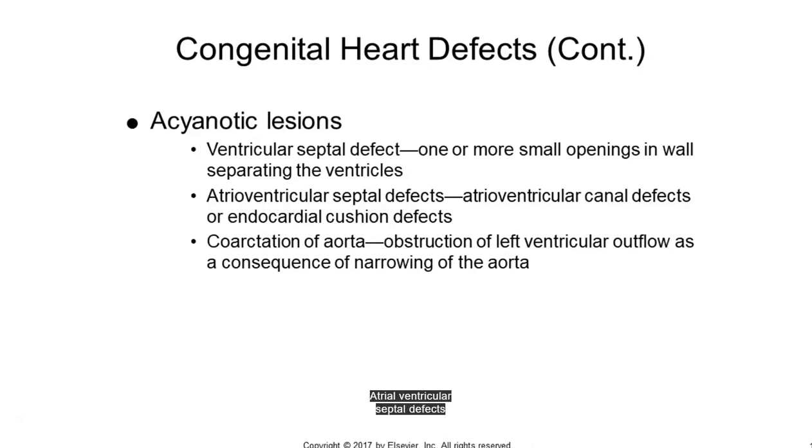Atrioventricular septal defects are also called atrioventricular canal defects or endocardial cushion defects, and are common in Down syndrome. Symptoms include pulmonary hypertension, lung congestion, and heart failure, and again, surgery is indicated within the first few months of life. Coarctation of the aorta is a narrowing of the aorta which impedes left ventricle outflow. Hypertension is seen in the upper body and normal to low blood pressure in the lower extremities.